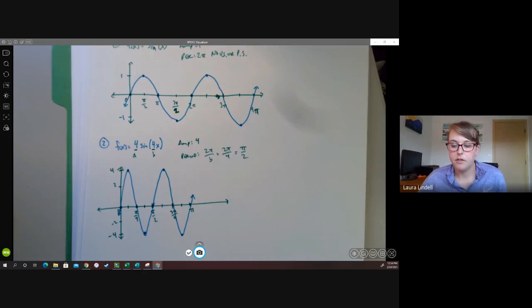Yeah. So for the next one, let's take a look at what it looks like to graph it by hand and in Desmos.